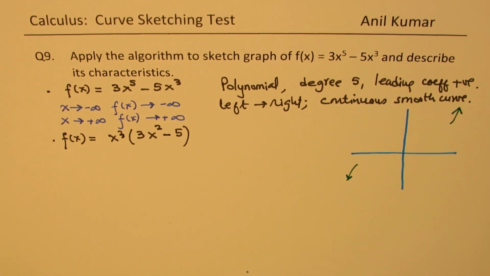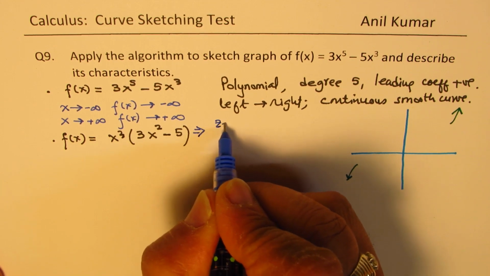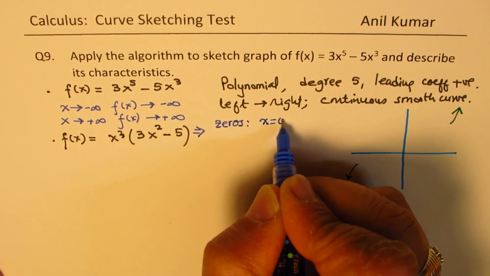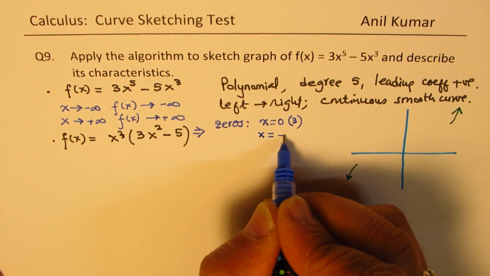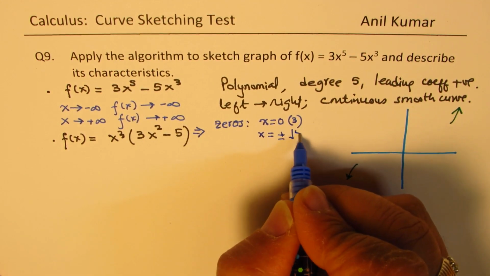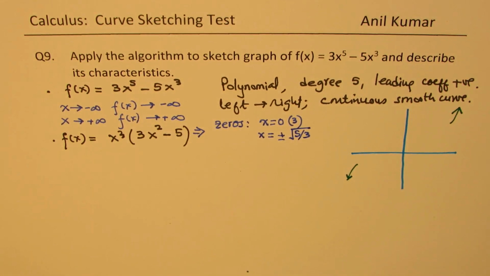So from here we can write down the zeros. So that gives us zeros at x equals 0 with multiplicity of 3 and x equals plus minus square root of 5 over 3, right? So these are the 2 zeros.